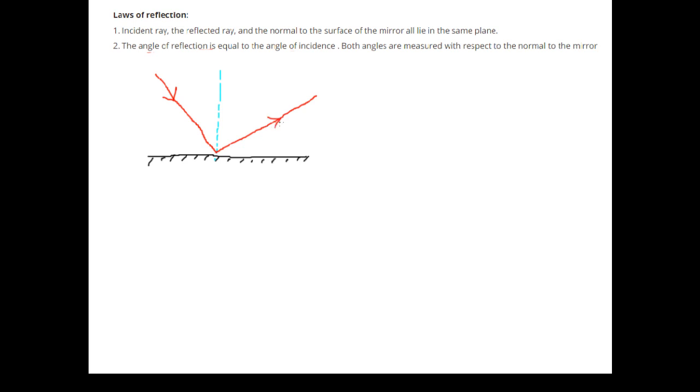This is the reflected ray. So according to the second law, whichever you want, you can call it the first law or second law. There is no hard and fast rule that this has to be first, that has to be second. According to the one which I have written here, the angle of reflection is equal to the angle of incidence.